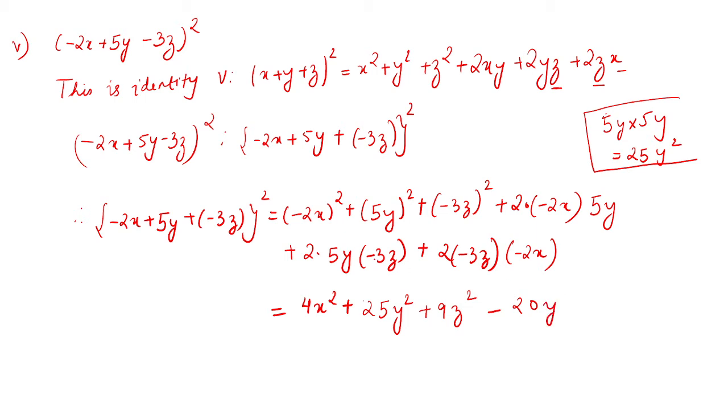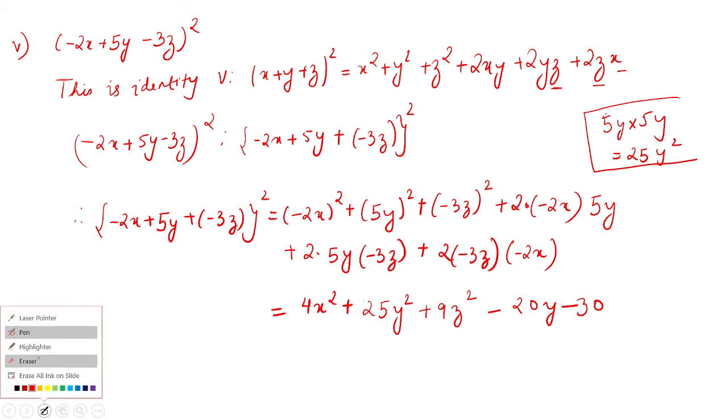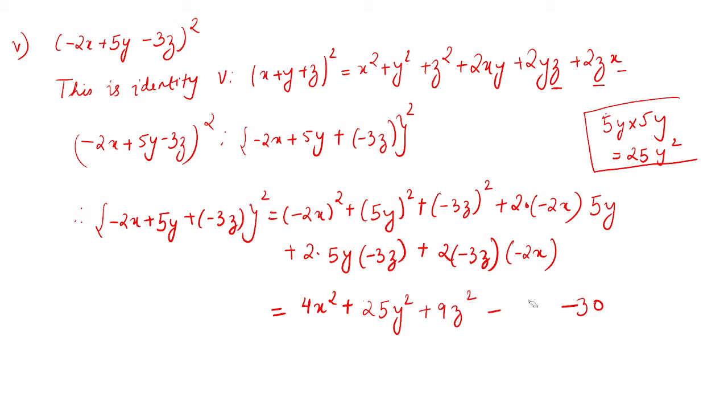Now you look at this, minus into plus becomes minus again, 2 into 5, 10, 10 into 3, 30, and what you're left with, oh wait, there's one more here, okay, sorry, I'm seeing the mistake now. Here it will be, what is this, 2 into 2, 4, 4 into 5, 20 xy, okay. Now you look at this, this is 30 yz.